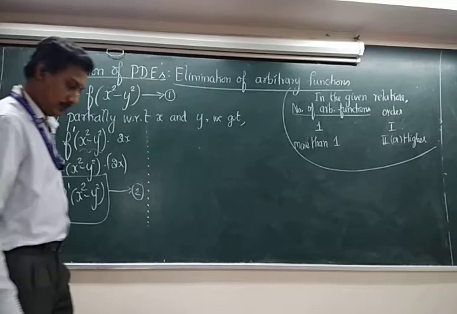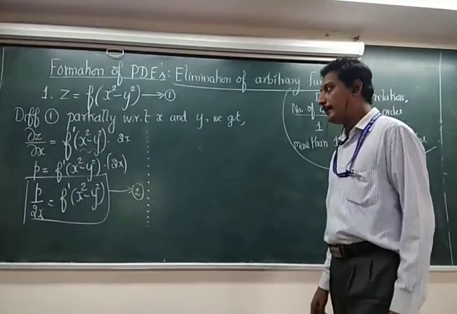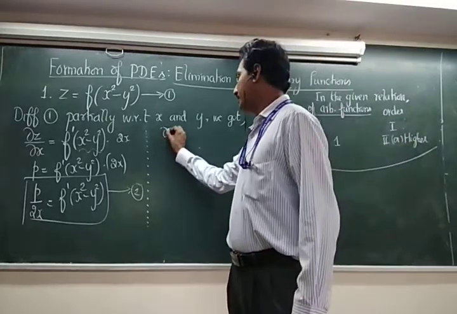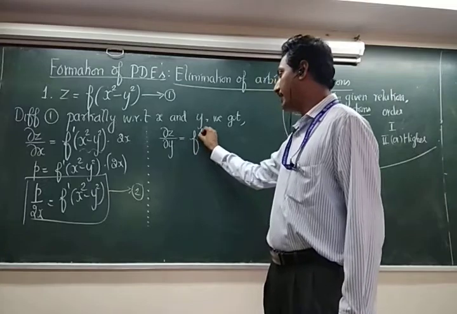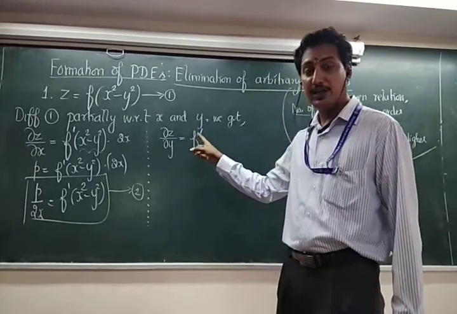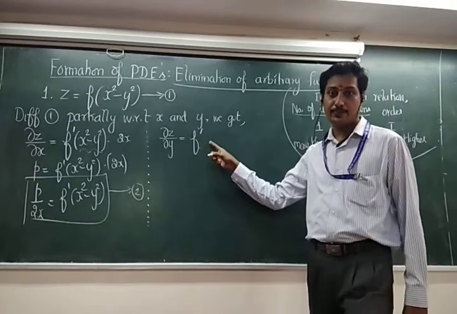Similarly, when we differentiate equation number 1 partially with respect to y, the left hand side is dou z by dou y. On the right hand side we get f dash only one time, because we differentiate only one time, either with respect to x or y, since it is a function of x and y.